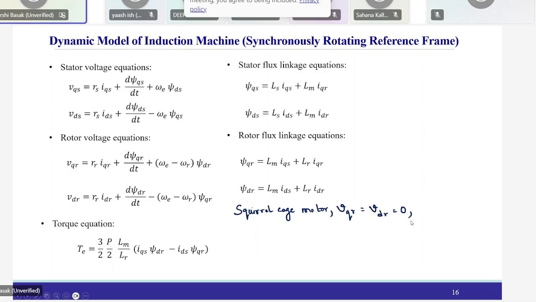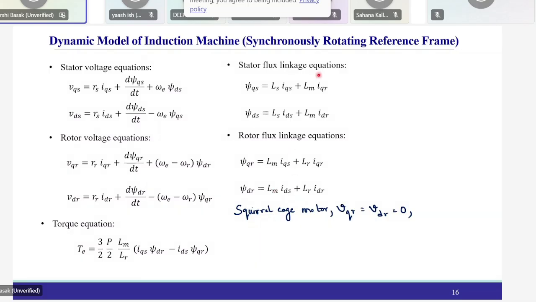And there you have the stator flux linkage also. In this stator flux linkage, LS corresponds to the stator self inductance, LM equal to the mutual inductance here, and similarly this is done for the Q axis.